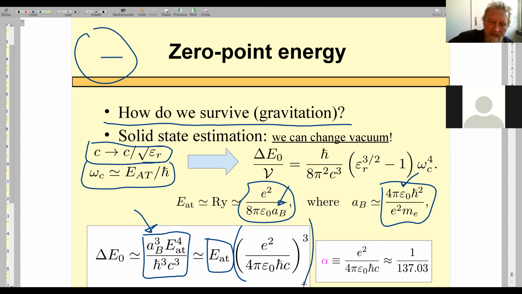It contains electronic charge, the fundamental constant, speed of light, and the dielectric constant of vacuum, which always comes in the International System with electronic charge.